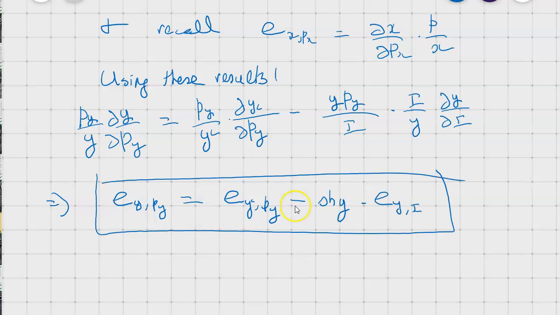So this is the elasticity form of Slutsky's equation, where we have now changed the equation from price effect equals SE plus IE, to translate that into saying that the Marshallian elasticity of demand for a good equals the compensated elasticity of demand for that good minus the share of that good in consumer spending times the income elasticity of demand for that good.